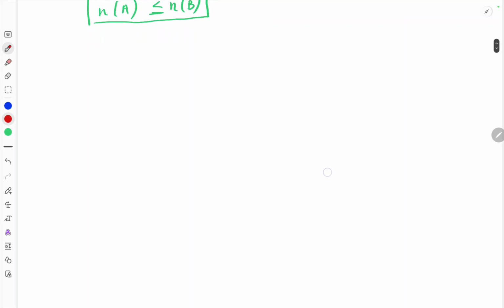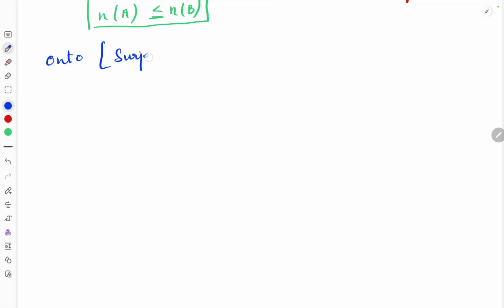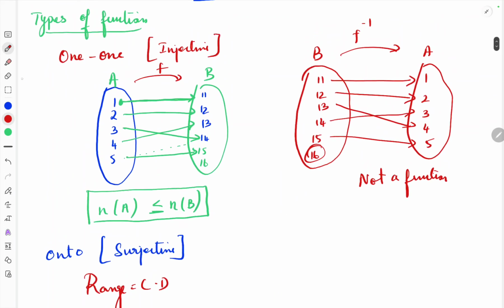So now the second thing we will go for is onto. So onto is nothing but surjective. So in onto, range will be equal to codomain. So here itself I will tell what is range. Range is nothing but all those elements which have a pre-image, which means in set B all those elements which are mapped with A, all those elements we call as range.